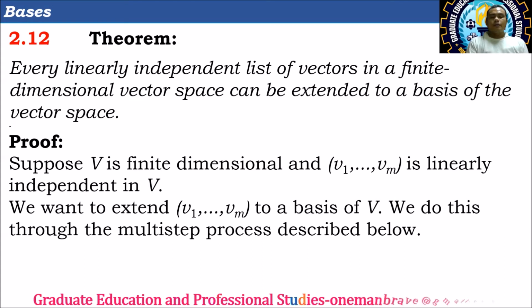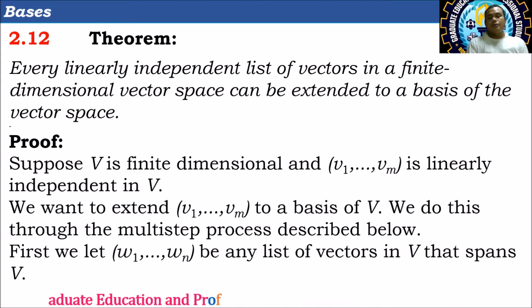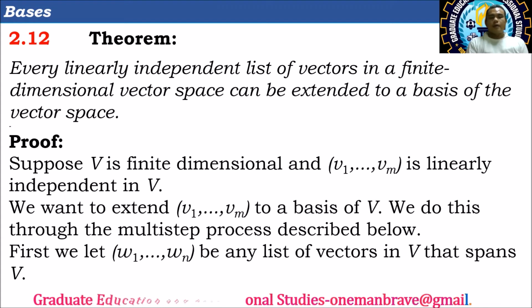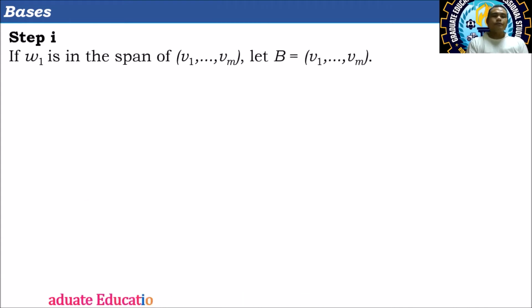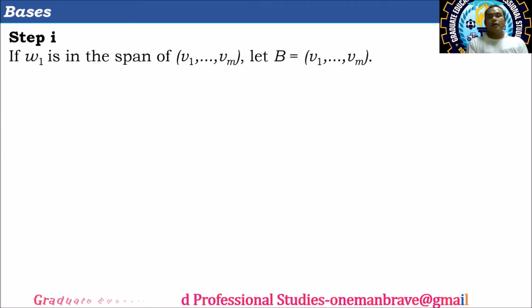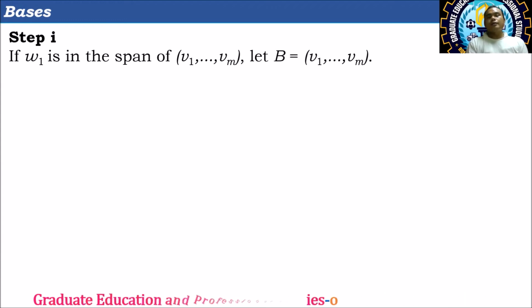So firstly, we let w1, ..., wn be any list of vectors in V that spans V. Our step 1 will be: if w1 is in the span of v1, ..., vm, let B equal v1, ..., vm.